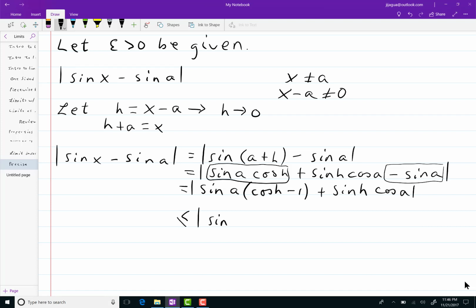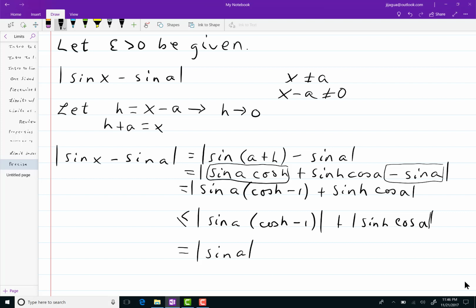I'm going to use the triangle inequality to break this up into less than or equal to the absolute value of sine of a times cosine of h minus 1, plus sine of h times cosine of a. Now I'm going to continue with these absolute values and break them up into more individual pieces. So I'm going to put an equals here since I'm not changing the value of anything.